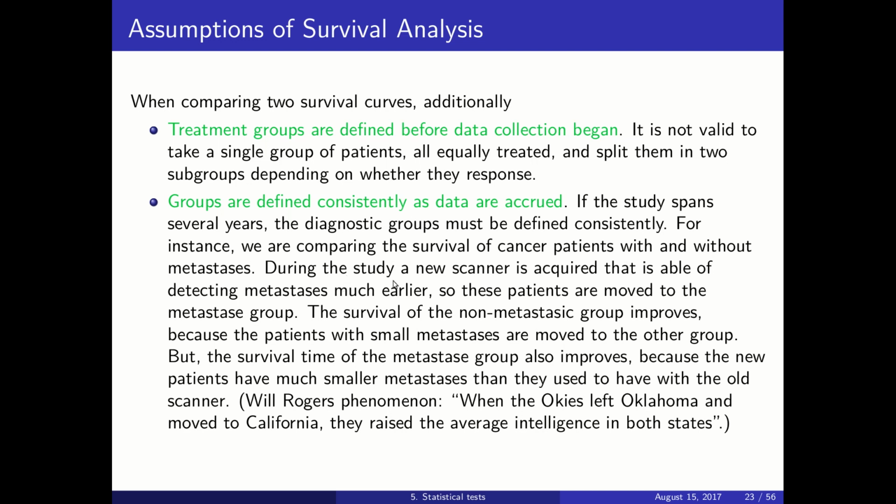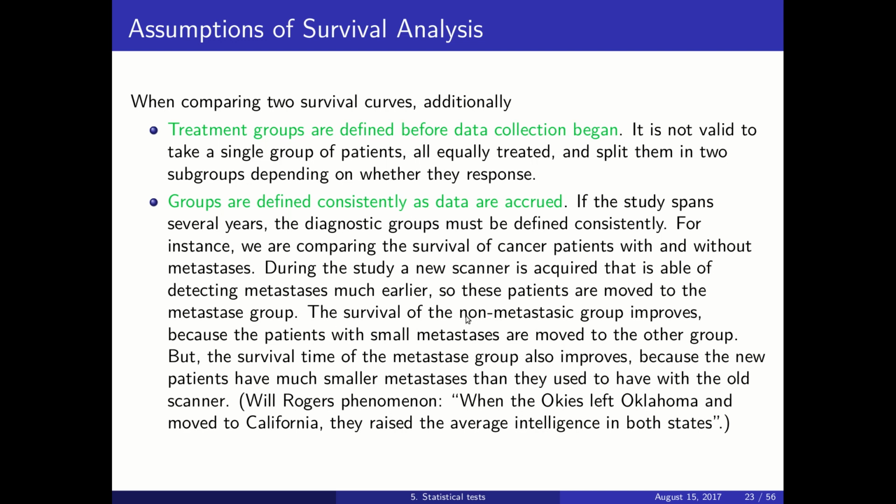During the study, we acquire a new scanner that is able to detect metastasis much earlier. So these patients are moved to the metastasis group. The people that we are now moving to the metastasis group have a smaller metastasis than they had at the beginning of our study.